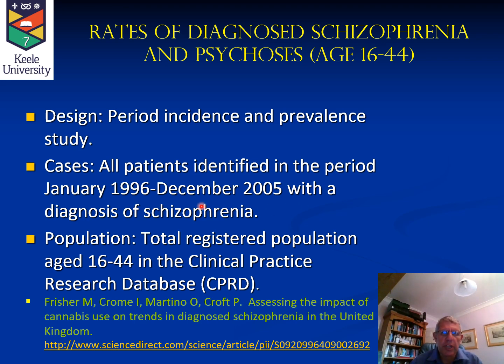So what this would suggest would be during this period we would see an increase in the number of schizophrenia cases. However, there was no data available in the UK which was able to actually see whether this was happening or not. So that's when I was approached to see whether the CPRD would be able to investigate this topic.